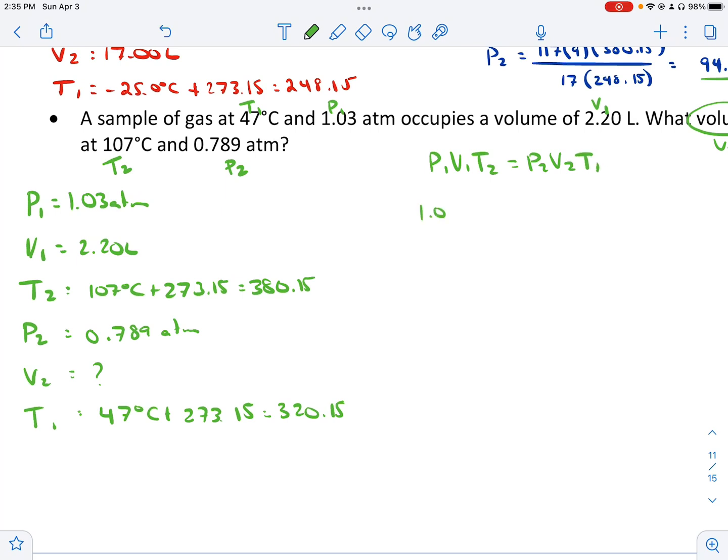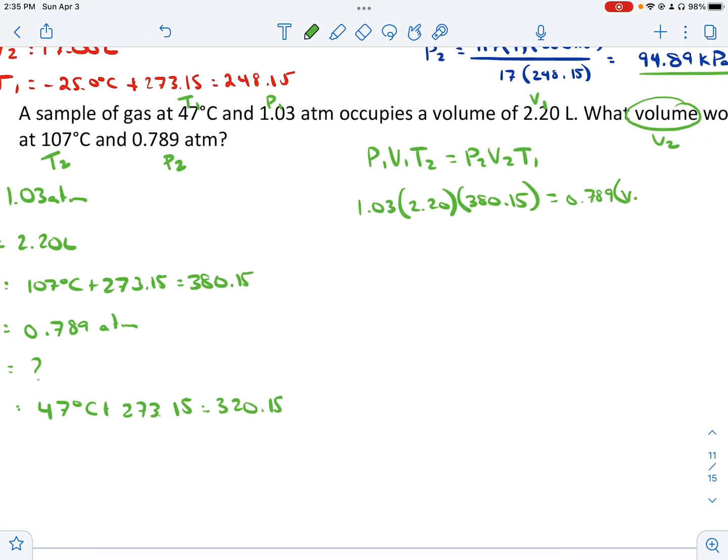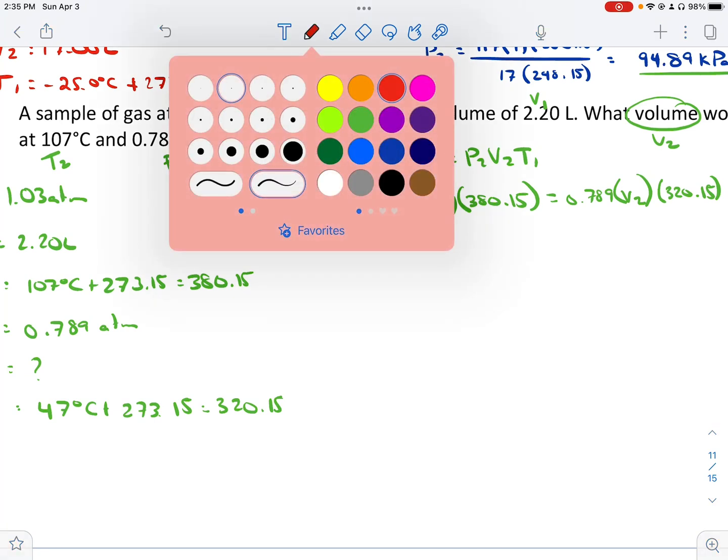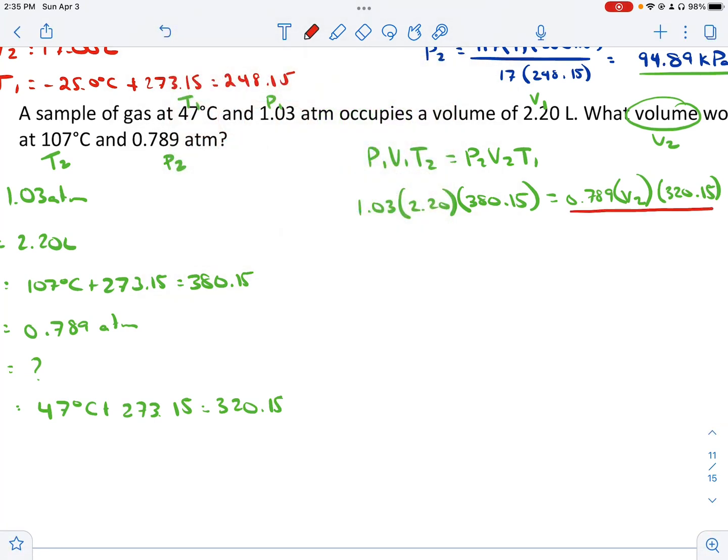P1, 1.03 times V1, 2.20, T2, 380.15. P2 is 0.789. V2 is what we're looking for. And T1, 320.15.